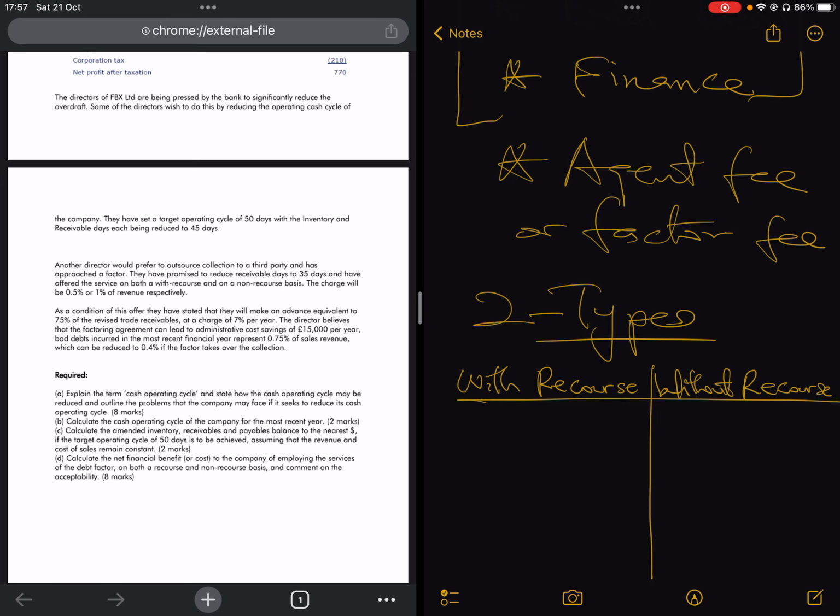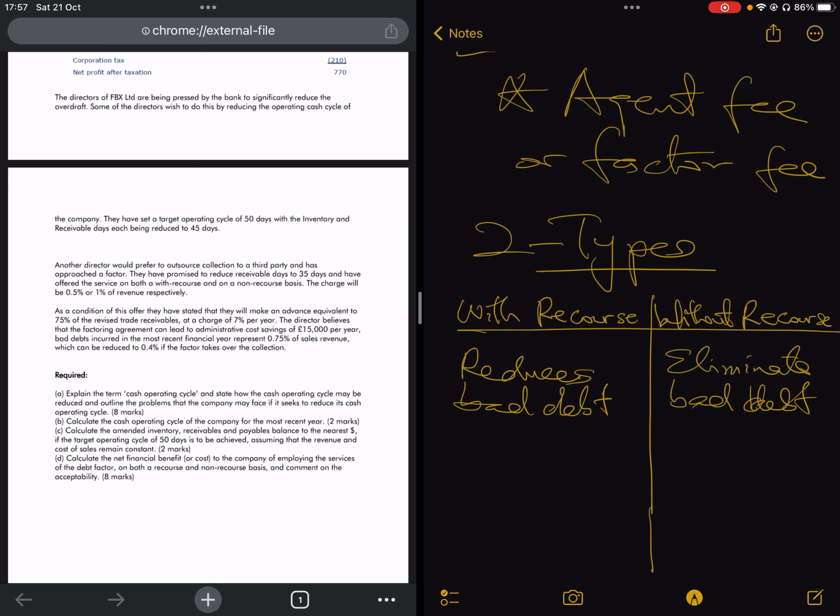And let me just quickly put it down. This will help you to reduce bad debt, but cannot eliminate bad debt, because if he's not able to collect, it will come back to you. But without recourse will eliminate bad debt for the company. So bad debt will be eliminated.